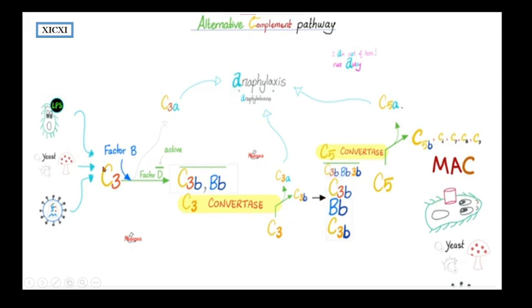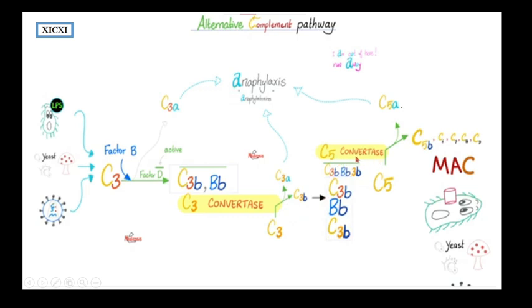Don't be confused, we have C3 two times. Again, C3 is converted into C3A and C3B. A always leaves the cascade, and now we remain with this C3B. This C3B, together with the previous ones, makes three, and they form what you call C5 convertase.